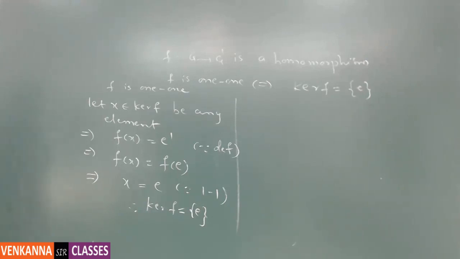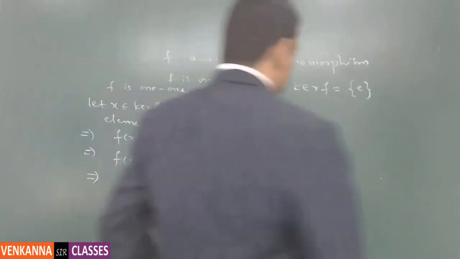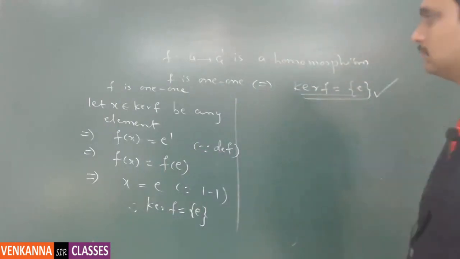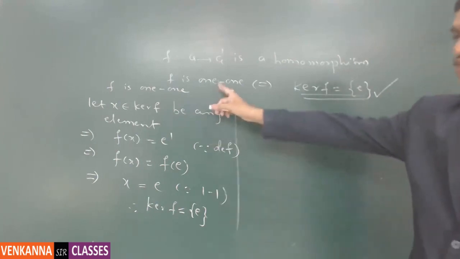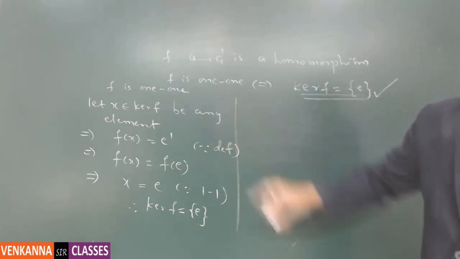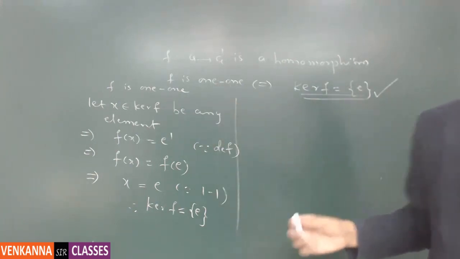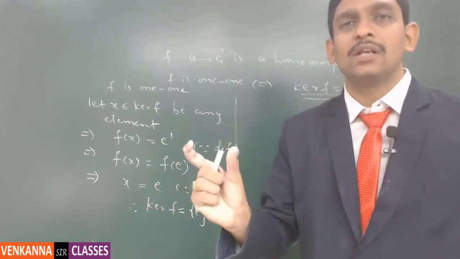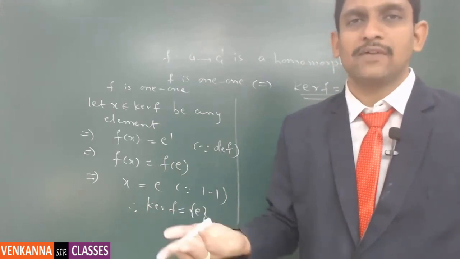Right? Now let us go with the converse part. So you assume this condition. Now we have to prove that f is 1-1. The traditional method is we take elements whose images are equal, and show that the elements are equal.